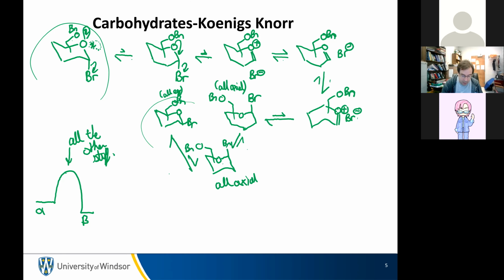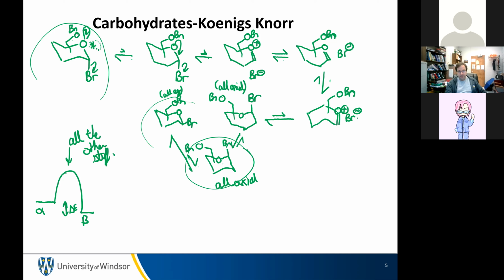And what I really want to highlight here is the beta is more stable than the alpha. This is thermodynamically favorable, even though kinetically each of these steps is unfavorable. And thermodynamically, if I'm just considering any of these intermediates relative to the starting material, it's unfavorable. One of the worst places is actually right before I convert to my final relaxed conformation.